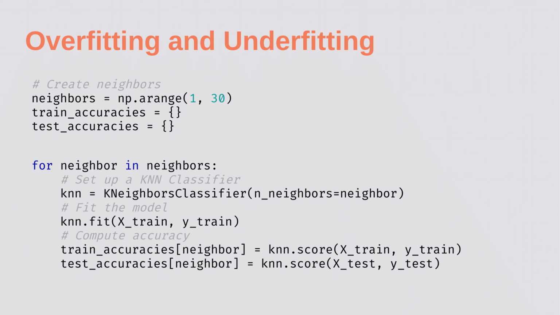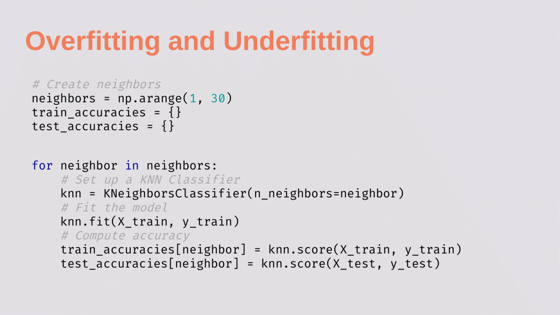We can better understand the impact of K by visualizing a model complexity curve. With a KNN model, we can calculate the training and test accuracies across a range of K values and plot the results. Here's the general workflow. Initialize 2 empty dictionaries to store the training and test accuracies.